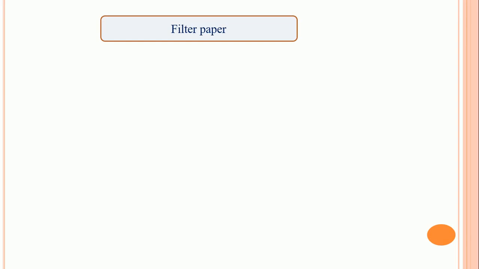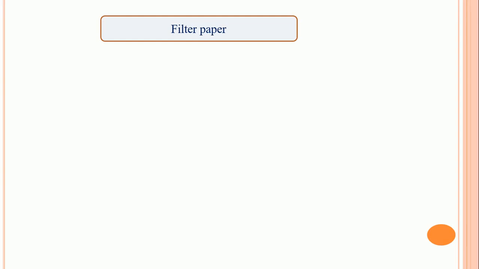When micro level work is going on, that means a small amount of substance is going to precipitate, or in gravimetry, the ashless filter paper is used, and for normal laboratory work we use the ordinary filter paper.